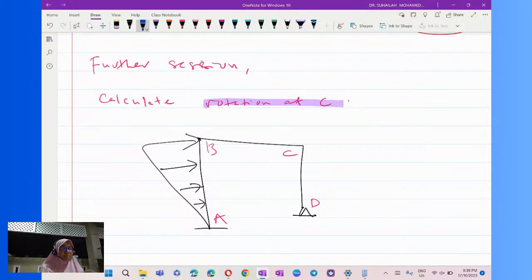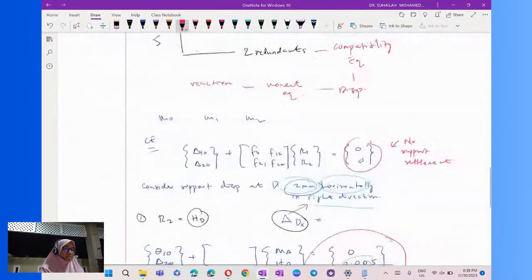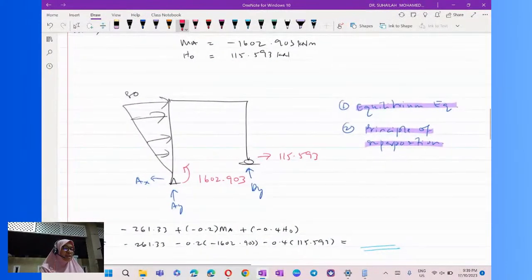Remember, rotation or displacement, we can calculate using unit load method. And in unit load method, we have two systems. One is real system, real structure, and another one is virtual structure. And real structure is actually actual structure. Inilah actual structure.